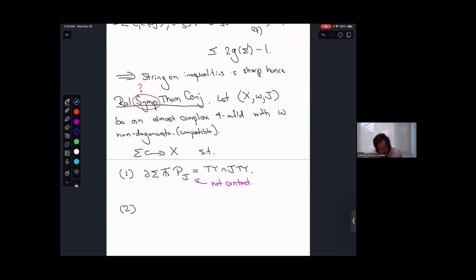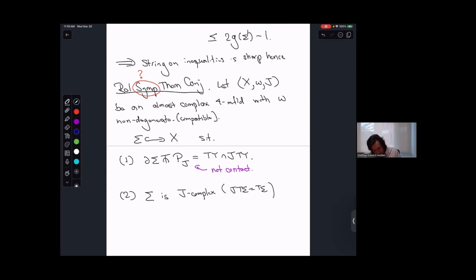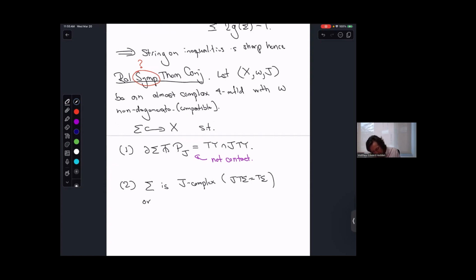What else might I want to assume? I might want to suppose that sigma is J complex, which would mean that J of T sigma equals T sigma. Or another thing that you could do is just assume that omega is a symplectic form on sigma.